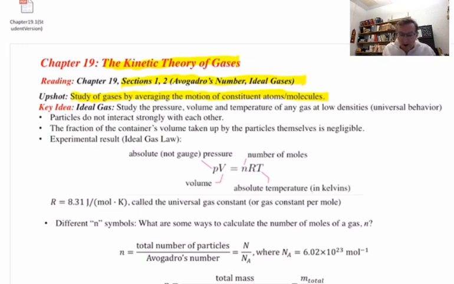And we're going to study all of those in a particular limit with a particular model called the ideal gas model. What is that about? In the ideal gas model, we're studying the pressure, volume, and temperature of any gas at what's said to be low densities. What do we mean by low density? Well, if we have a gas in a container, then of course we've got the atoms or molecules zipping around, filling the whole volume available to them.